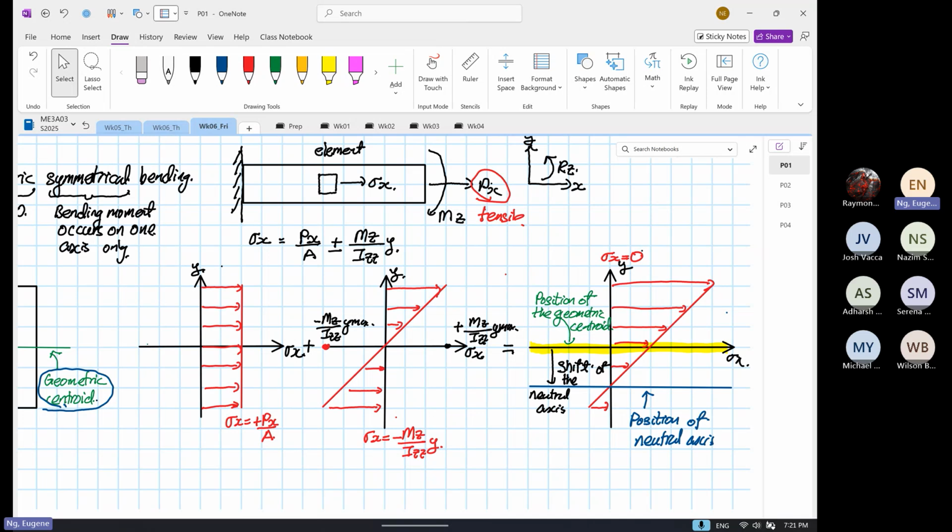No, because we have shown you at this stage the geometric centroid and the neutral axis are not at the same point, because the geometric centroid is determined by the cross-sectional profile of the structure, whereas the neutral axis occurs when normal stress σx is equal to 0.